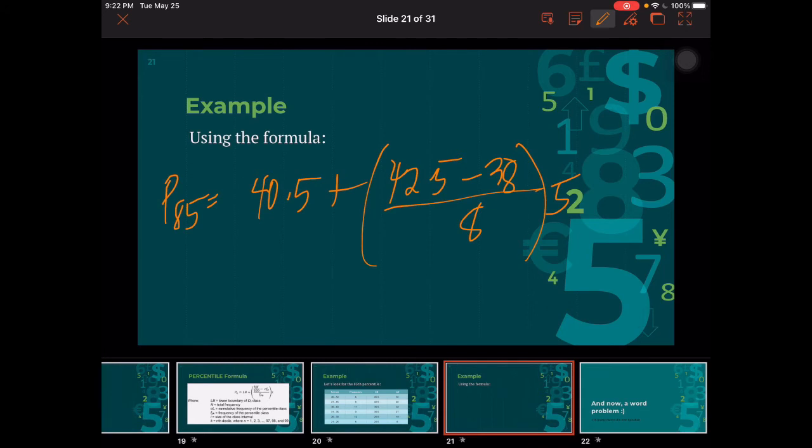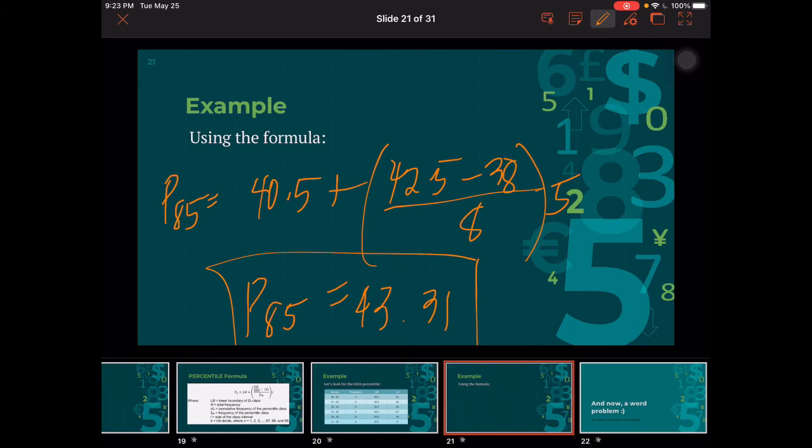Now, if we're going to calculate this, 42.5 minus 38 divided by 8 times 5 plus 40.5, sorry. Our 85th percentile score is found at 43.31. This means that 85% of your data scores or data values fall under 43.31. Okay? So, ganun lang siya mga anak.